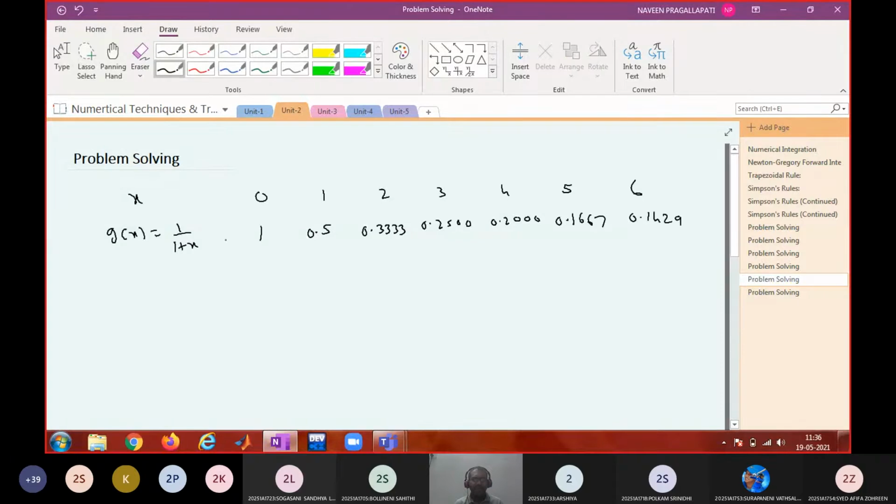So it really doesn't matter whether you are taking 0 to 6 or 1 to 7, because the functional values are the same.